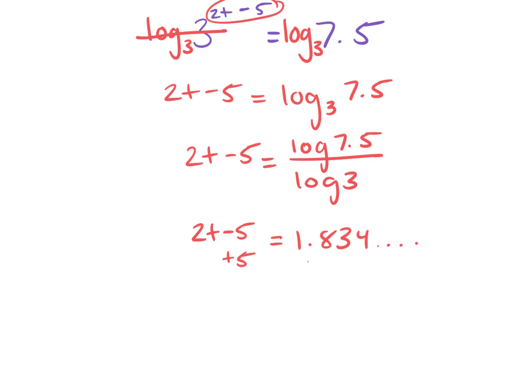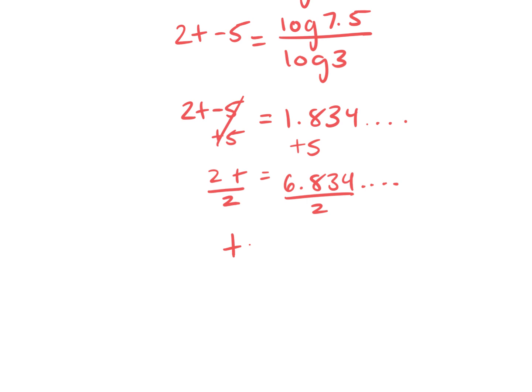Add 5. So we get 6.834. It keeps going, but we're going to leave it in the calculator. What's the last step? Divide by 2. So t equals 3.417.